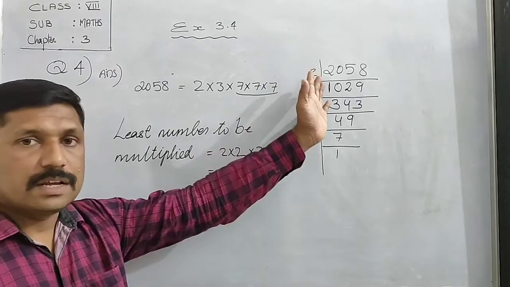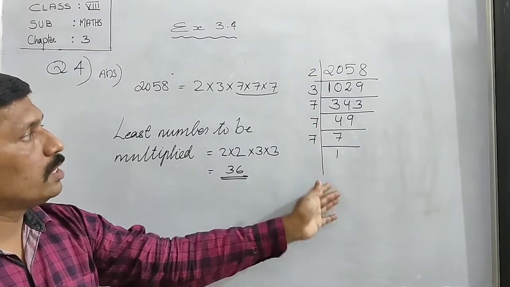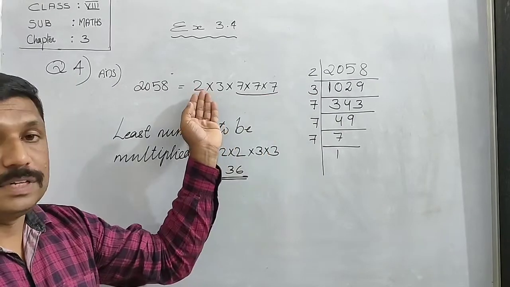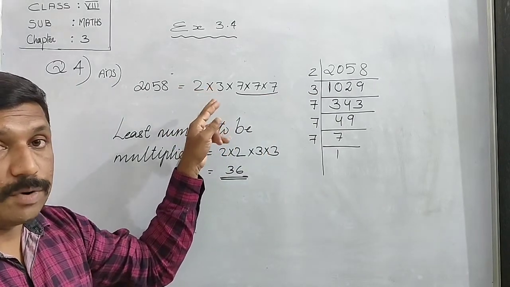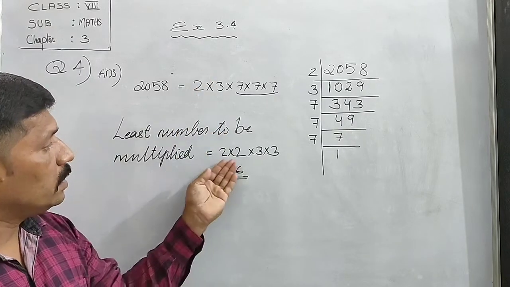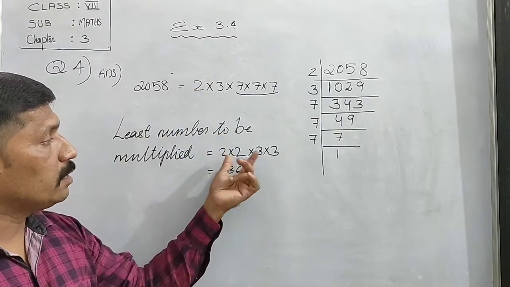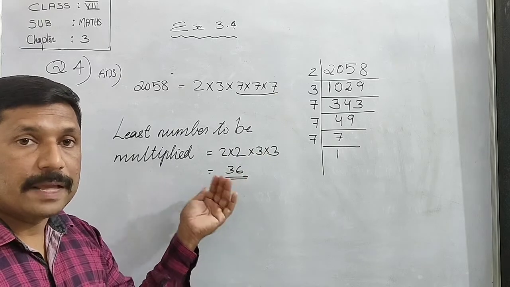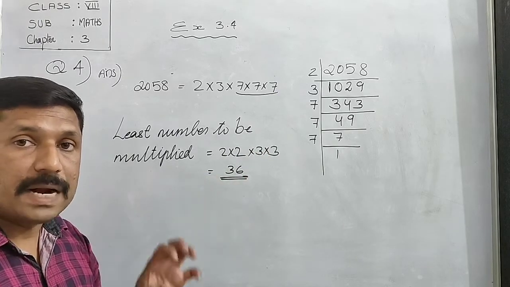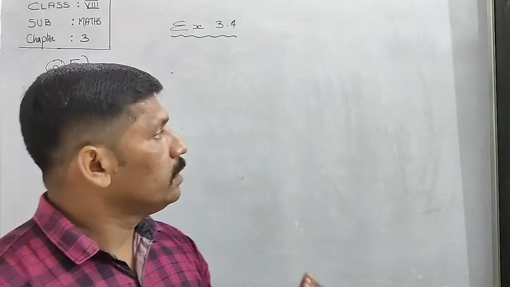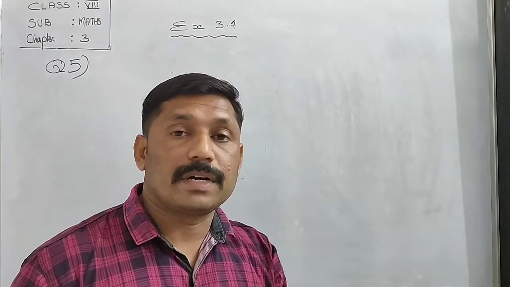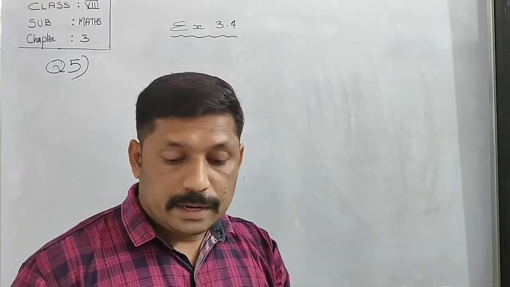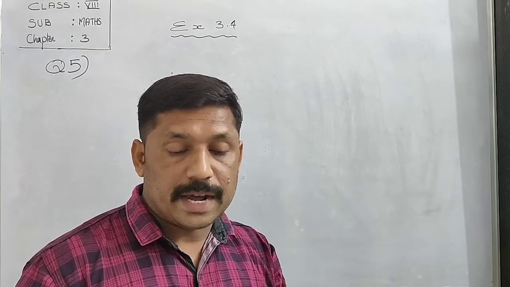So students, first of all we factorize and group the factors, check which factors cannot be grouped, and see how many more factors are needed. The product of these numbers will be the least number that should be multiplied to make it a perfect cube. In the previous question we found the smallest number to be multiplied, and here we find the smallest number to be divided.